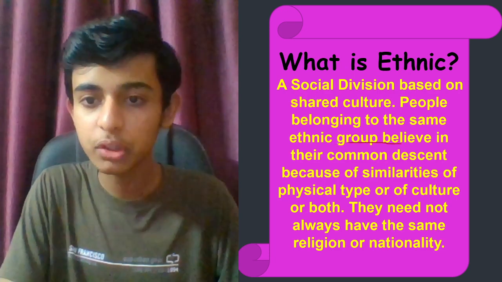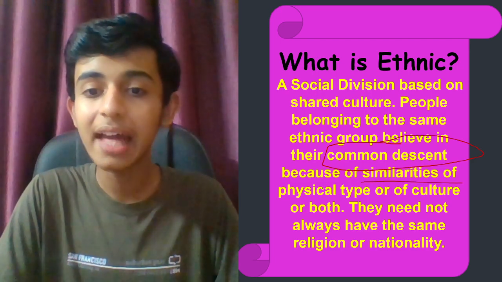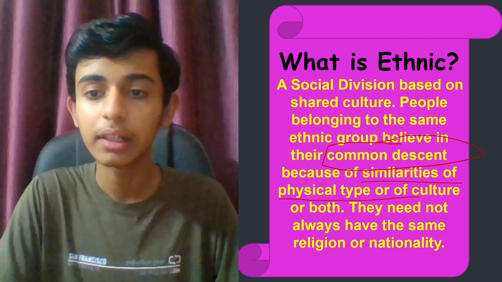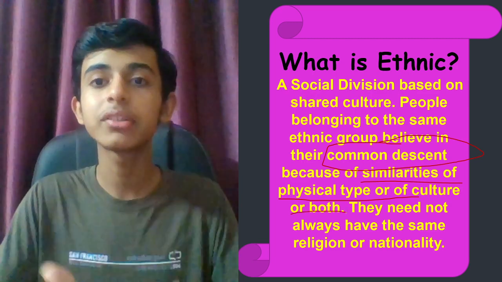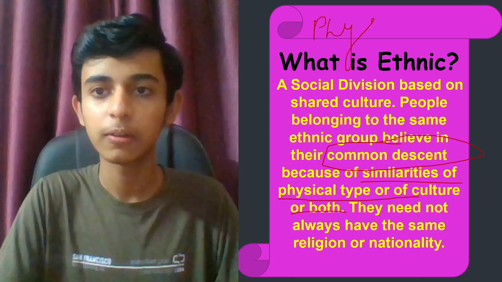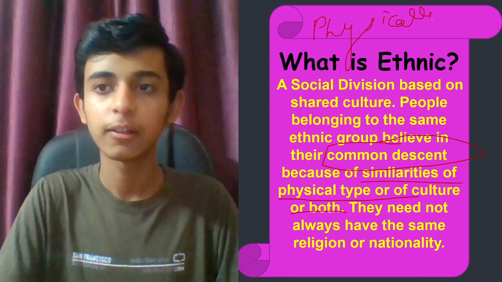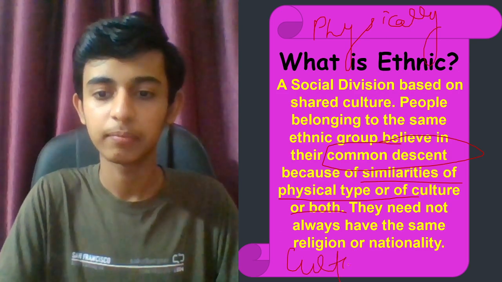This is important: common descent. But what is that common thing? Similarities of physical type or of culture, or both. Maybe physically they are similar, or maybe culturally. So what are the two types? Either physically, or the second one, culturally.